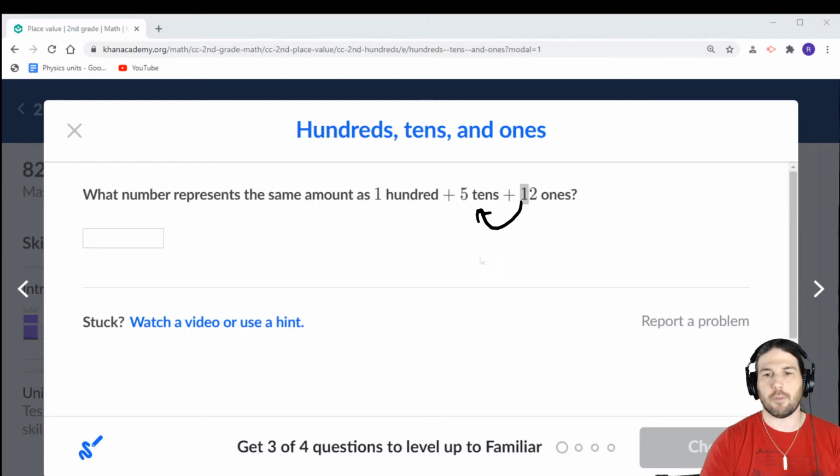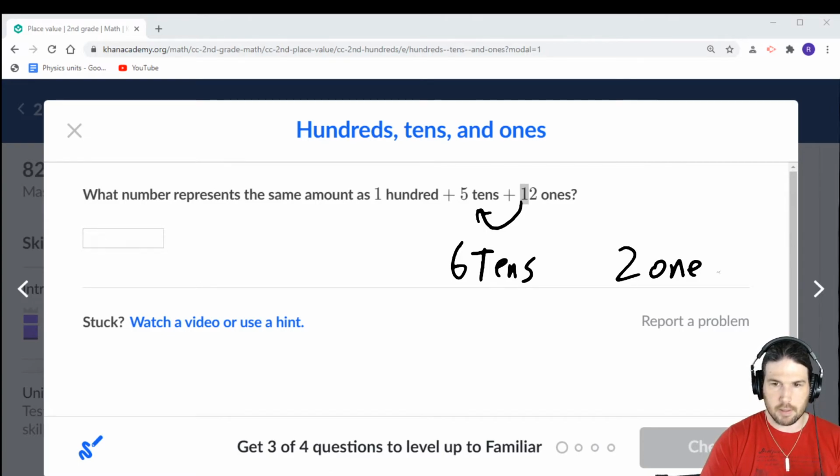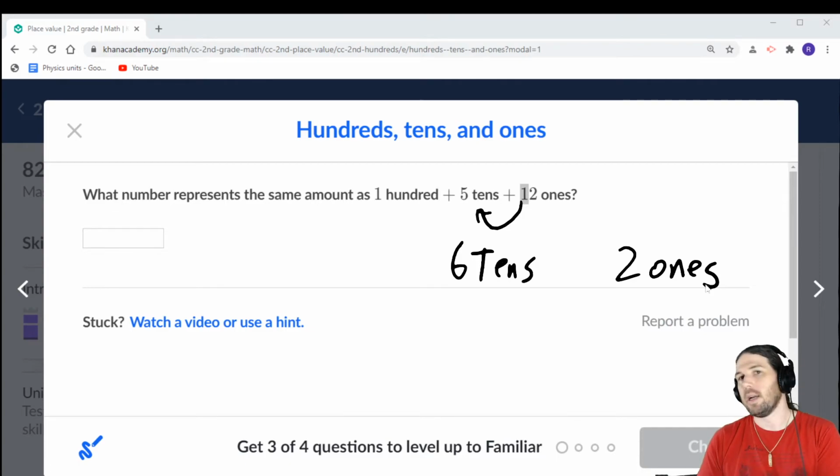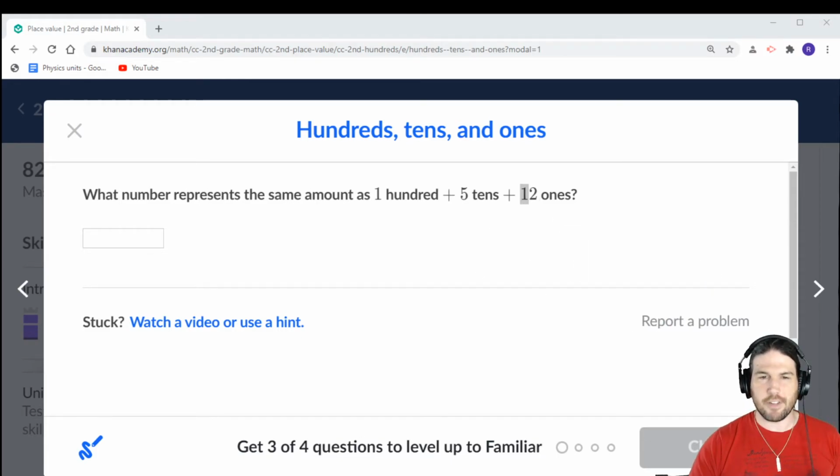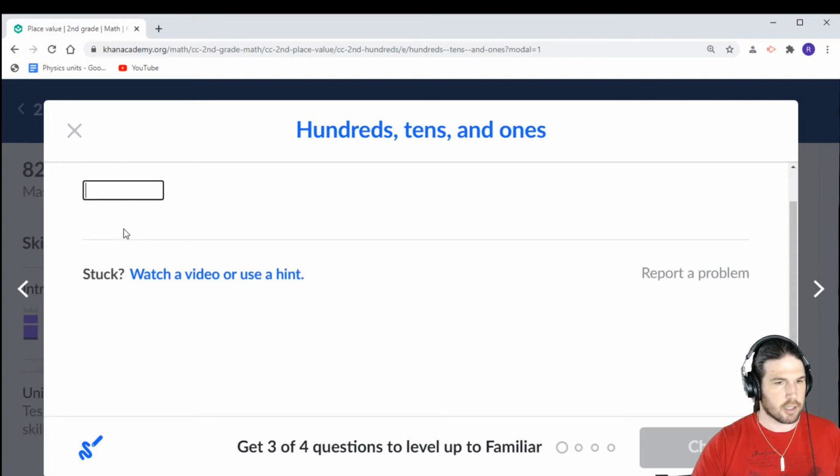So I still have 100, but now I have 6 tens and 2 ones. I can take 10 of the ones and move it on over. But when I do that, it doesn't look like a 10 anymore, right? It just looks like 1. That's kind of a confusing way to put it. I hope that made some kind of sense. The answer is 162.